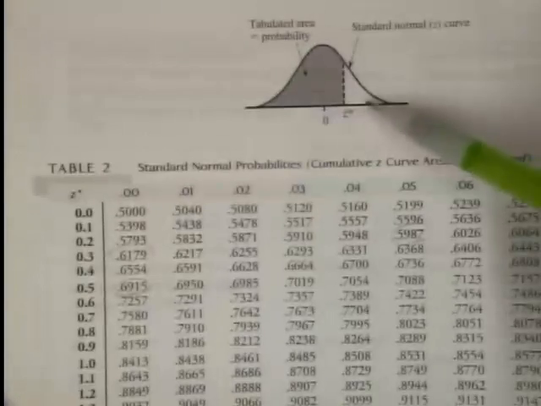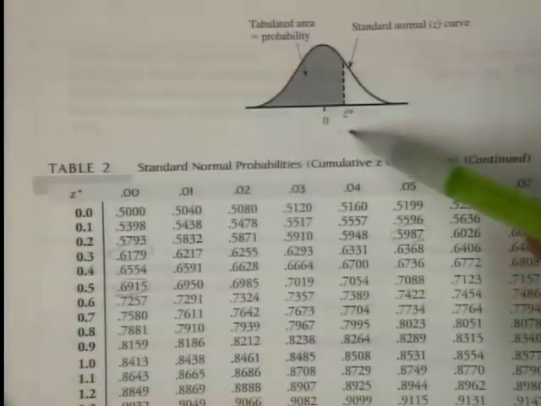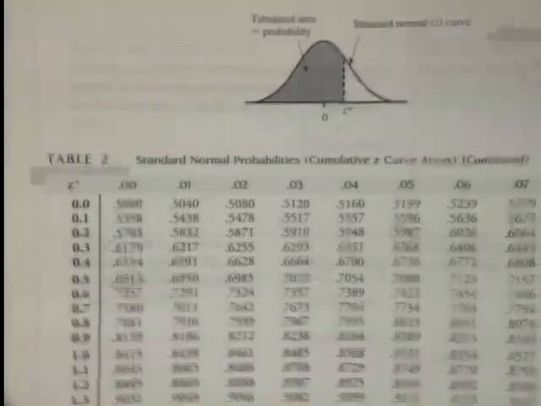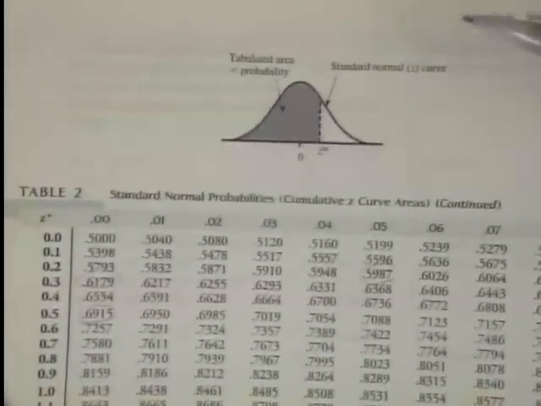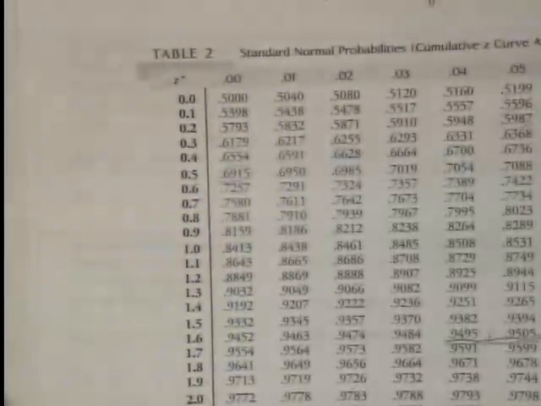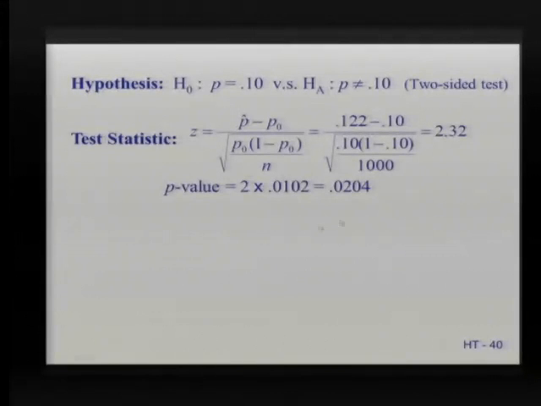Okay, because we're looking for this tail, right? We have a 2.32 there. Am I making sense? Okay, so that's how we get this 0.0102. Area to the right of 2.32 is this.